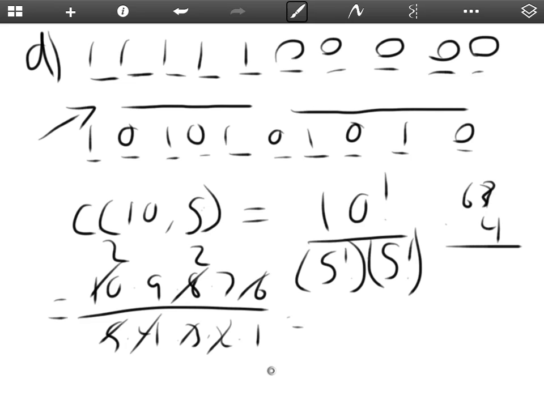This will be one of those times where I mess up a simple calculation. 252. And that's it.